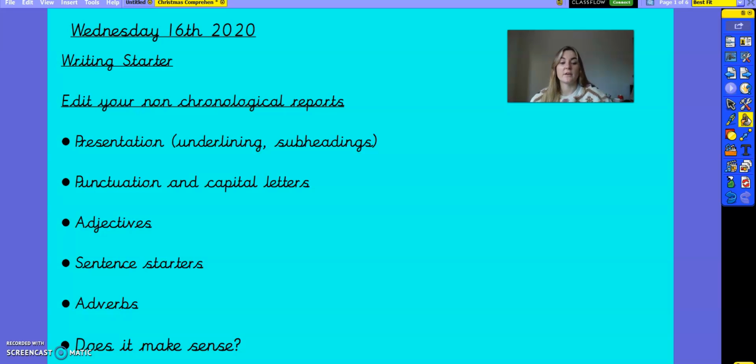So maybe have a look at some of the adverbial openers we were looking at, and just make sure that those are appropriate for the sentence that you have written following. And also, does it make sense?